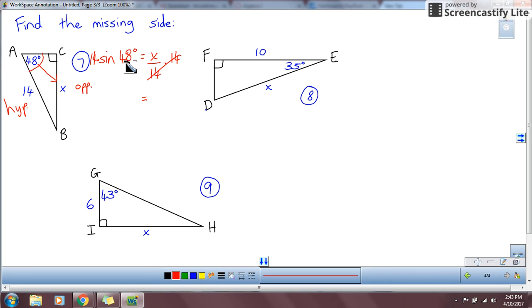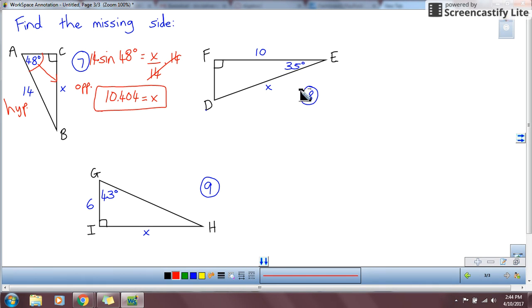On a scientific calculator, you can make that calculation, and you should come out as x equals 10.404. Usually you go to 1 or 2 decimal places, but I went to 3 just for that one. Check to make sure you can plug this into a calculator and get the right answer.